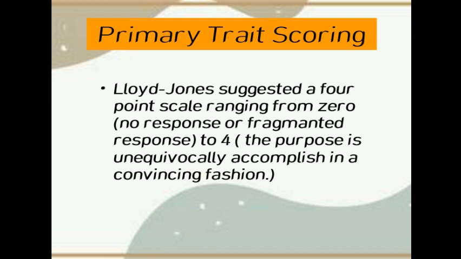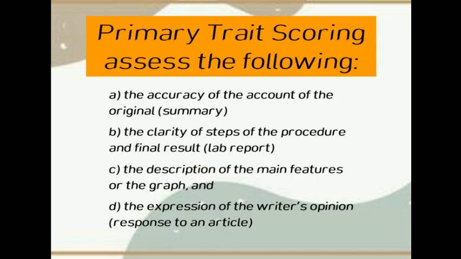In summary, this method would assess the following: the accuracy of the account of the original, the clarity of the steps of the procedures and the final result, which is a lab report, the descriptions of the main features of the graph, and lastly, the expression of the writer's opinion or response to an article. So that is all about primary trait scoring.